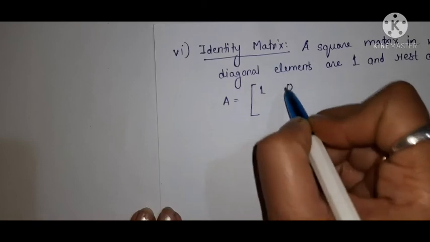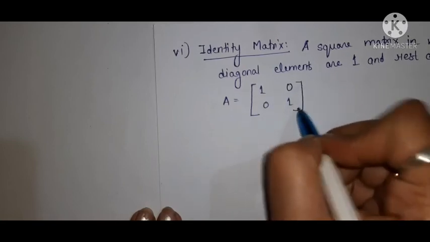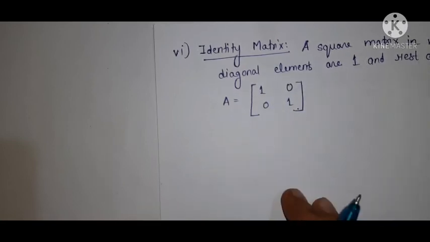This is 1 0 0 1. This is called identity matrix. Identity means 1.